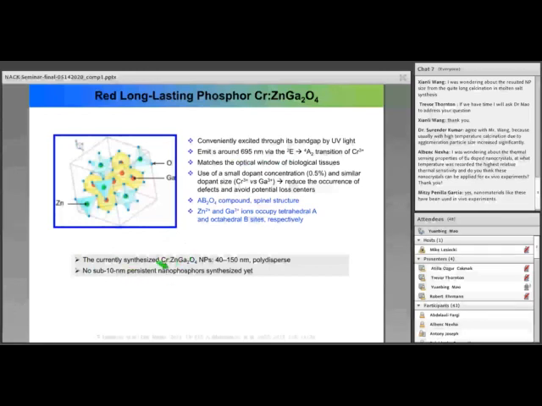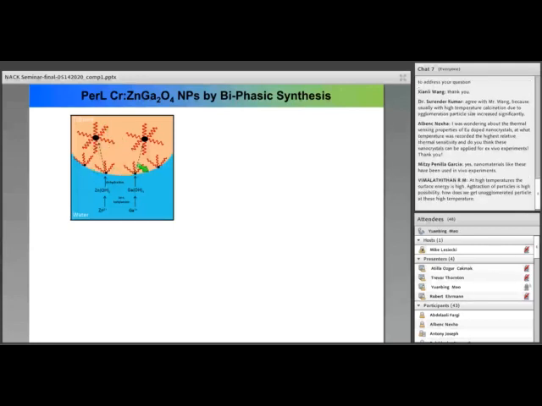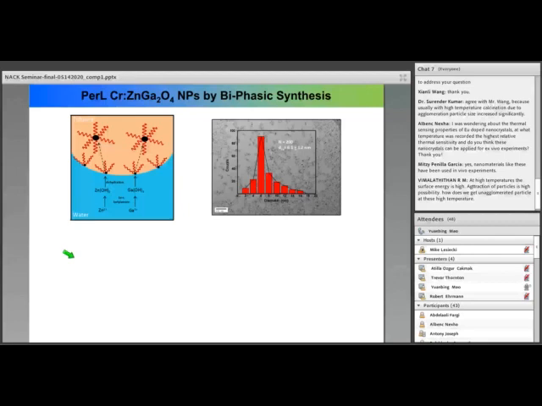But in the literature, there are many studies on this, and the syntheses are not perfect. So we moved on and used this biphasic synthesis. The nucleation process starts in the water, the aqueous phase, and then the growth process happens in the organic phase. That helps us control the nanoparticle size as well as the size distribution.